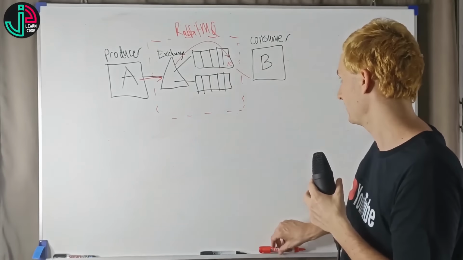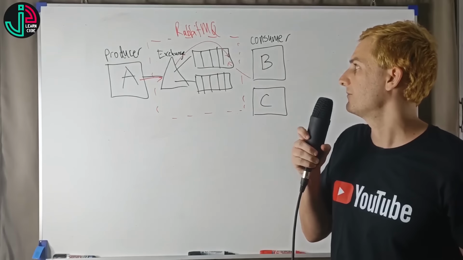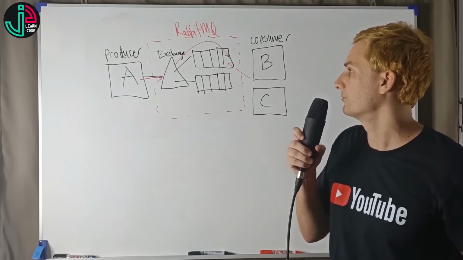Now, it is possible that we have more than one consumer here, so I'll highlight that by putting another service in there. But as you can see, RabbitMQ is basically extending on the message broker video that we've seen in the previous video, and we're now able to handle requests.